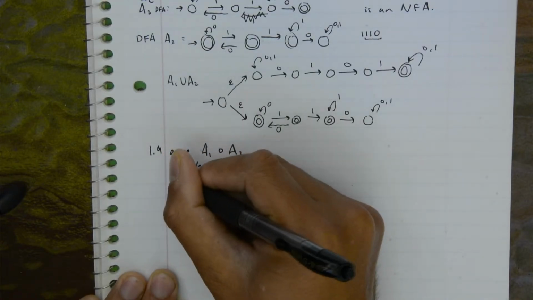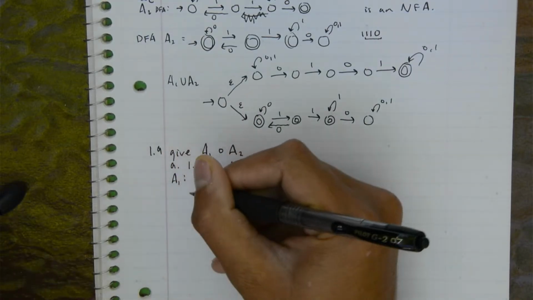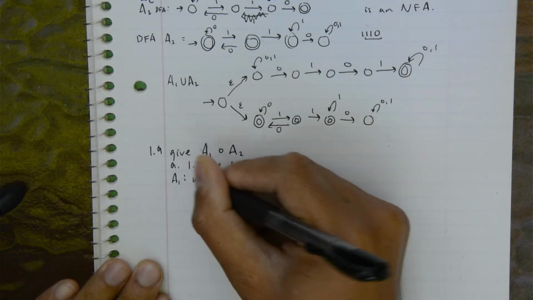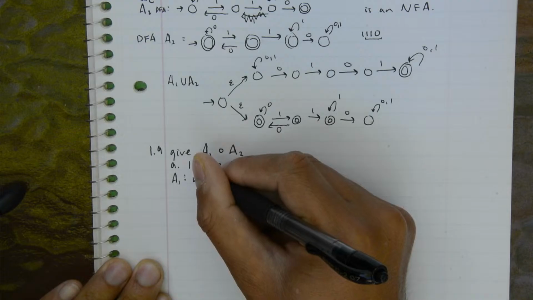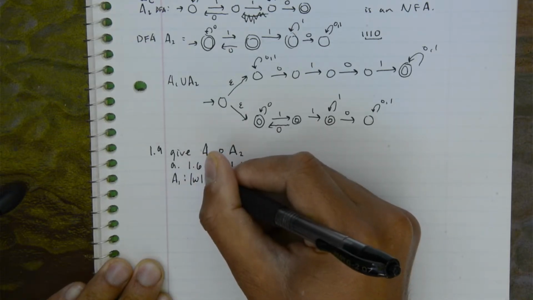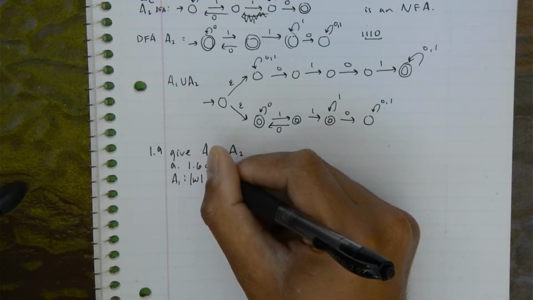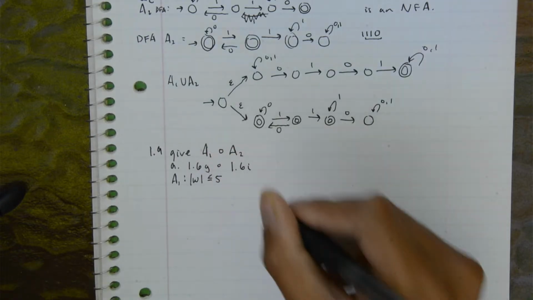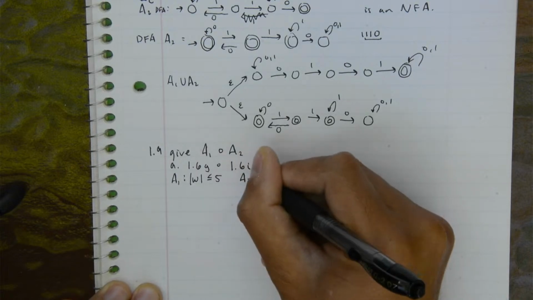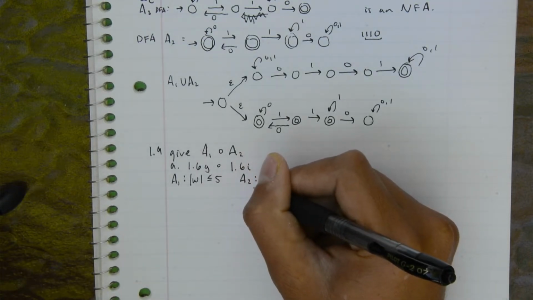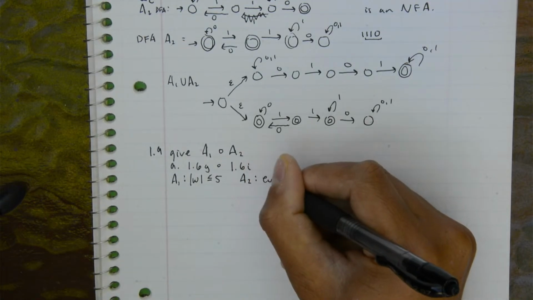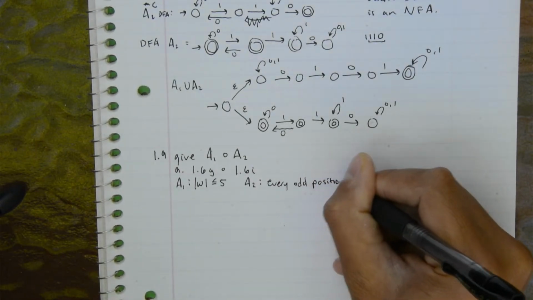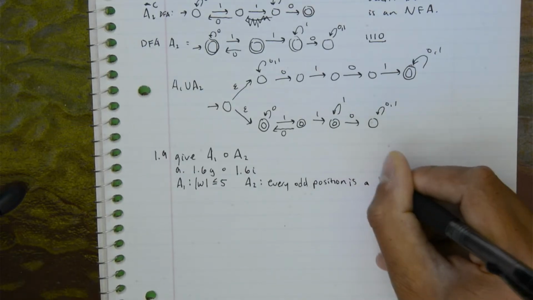A1 is 1.6G: the length of W is less than or equal to 5. So the length of W is at most 5. And then A2, 1.6I: every odd position is a 1.